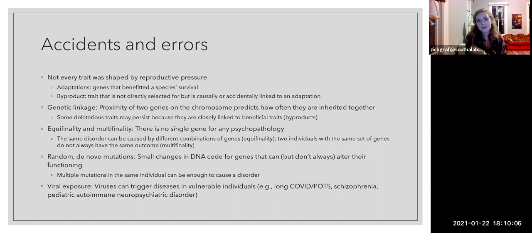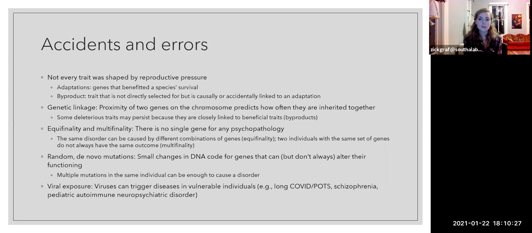And then the last type of accident or error that can contribute to mental illness is viral exposure. So for some people who are already vulnerable because of their genetic risk factors or because of environmental factors during their development, exposure to some viruses can trigger new disease processes.